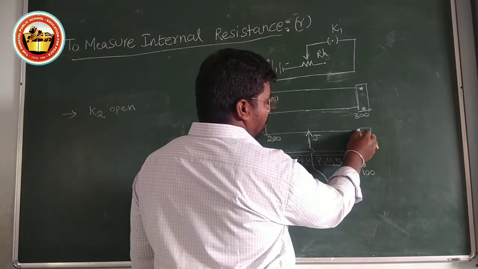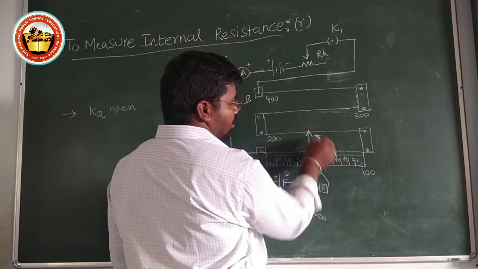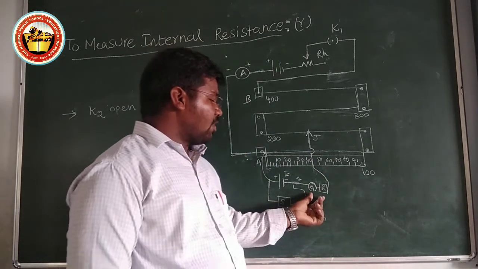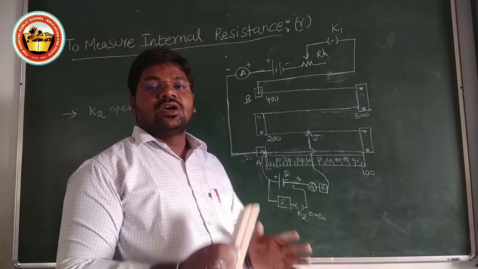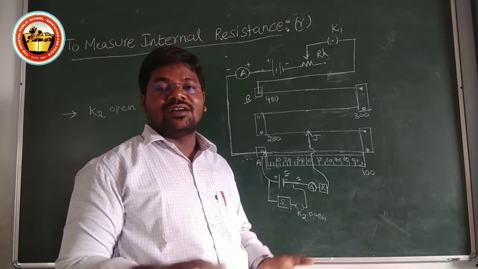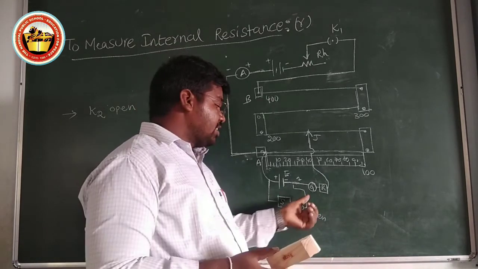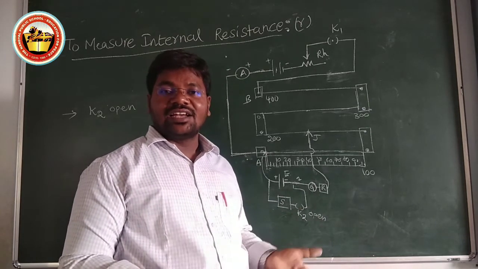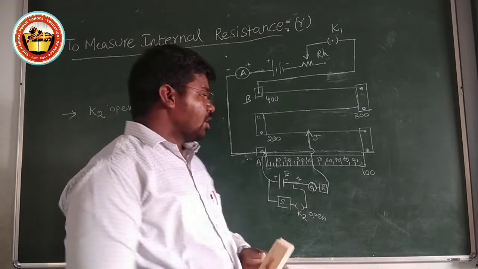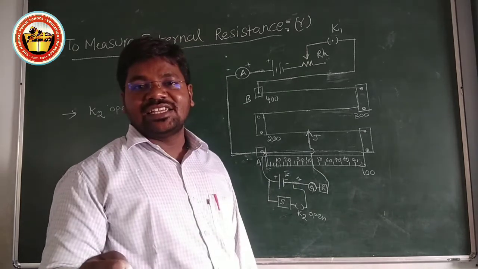At a particular point we get the galvanometer showing null deflection. Null deflection means no deflection; the current passing through the galvanometer is 0. That length we call L1.